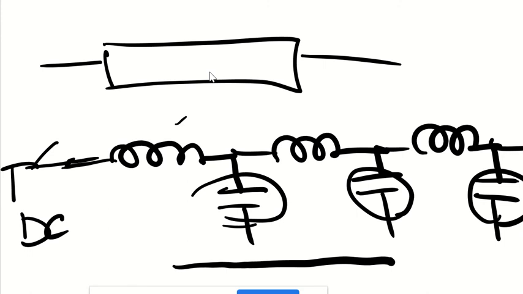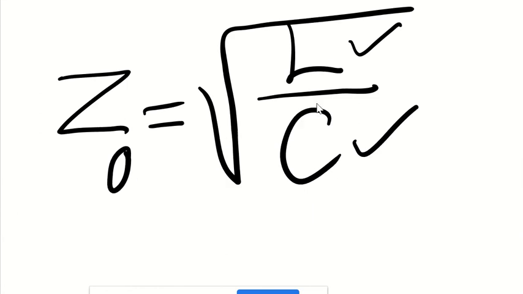So far, by now, you shouldn't look at the transmission line as a piece of wire. You should look at your coaxial cable as a device that has inductance and capacitance inside, and it has impedance because of that. And that impedance is the square root of L over C. Okay.